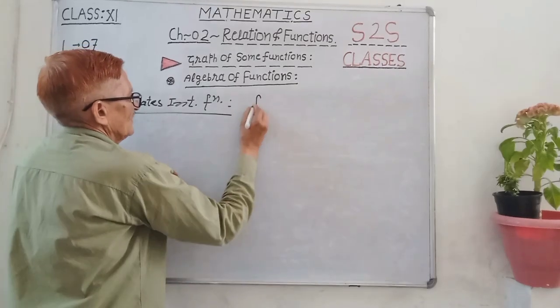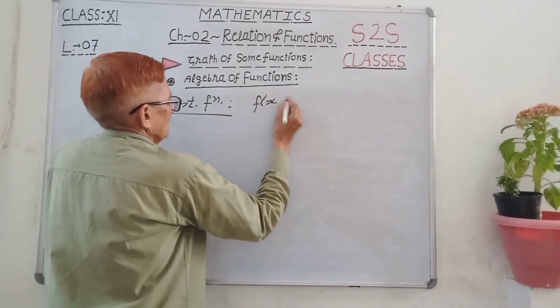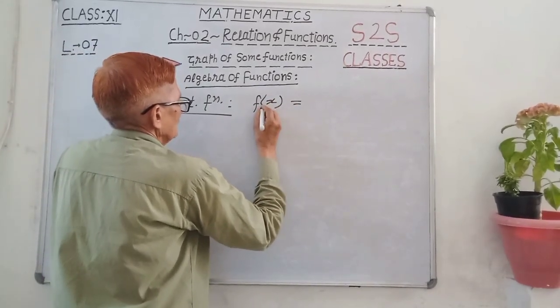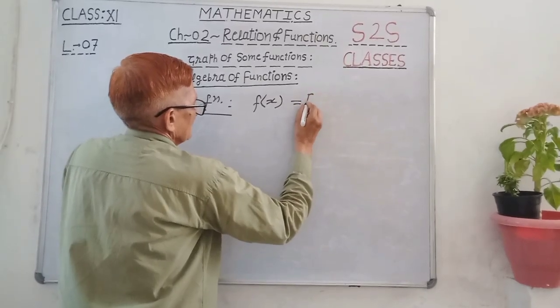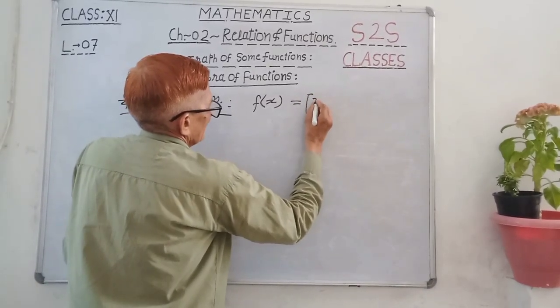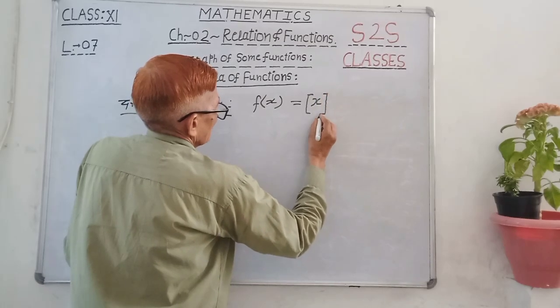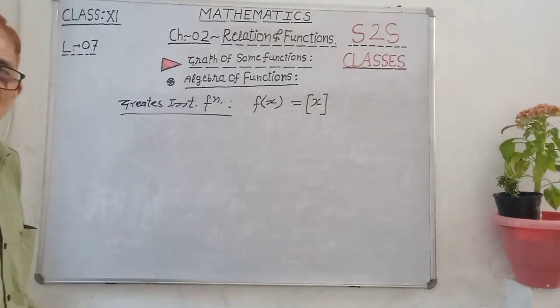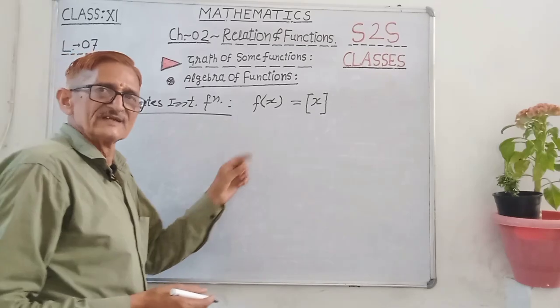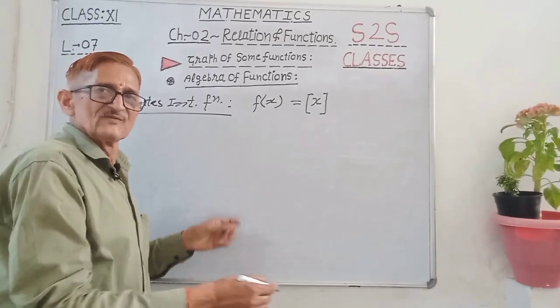Greatest integer function. What is this? f(x) is equal to the greatest integer, the standard bracket, and then x, and this closed bracket. This is the greatest integer function, a standard function. This I told in the definition. What is the graph of this?